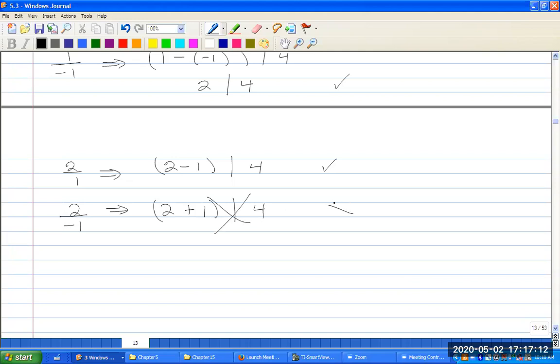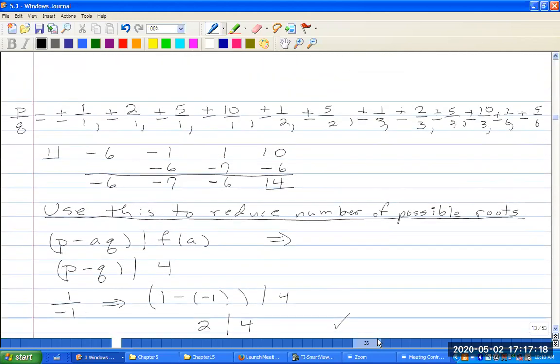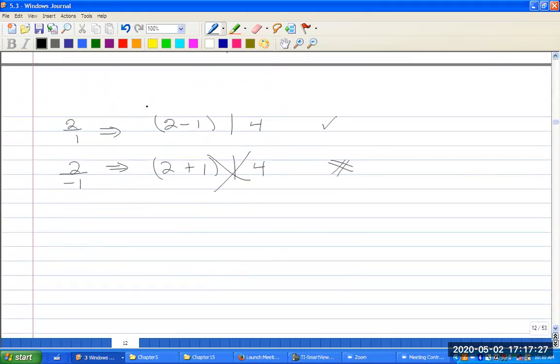So this means that I can eliminate the negative 2 from this possibility. I could keep going with this, but I'll just say dot, dot, dot.